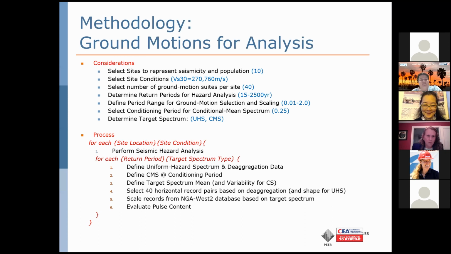We obtained the records from the NGA-West2 database, and we scaled them based on the target spectrum. And then we also looked at evaluating the pulse content of these ground motions. And I have a slide on that as well.